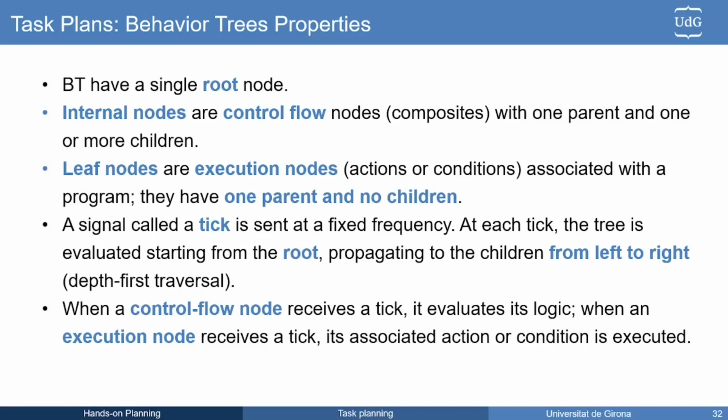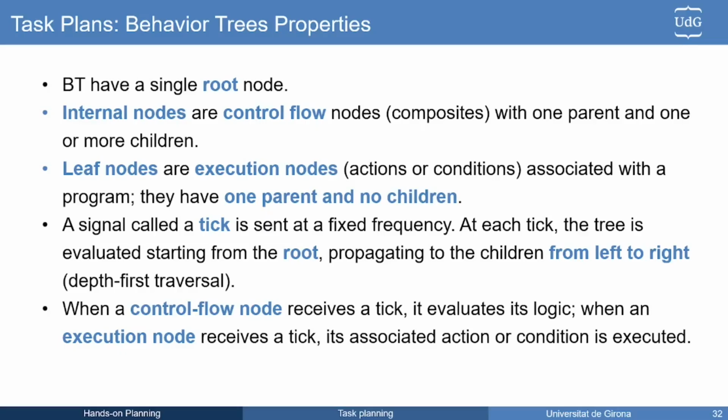And the idea here is that we have two types of behavior trees. The ones that have no memory, which are the originals and very well suited for robotics also, and the ones that have memory, which are a little simpler to understand, and we will play a little bit with both of them.